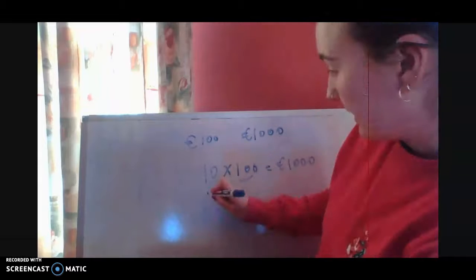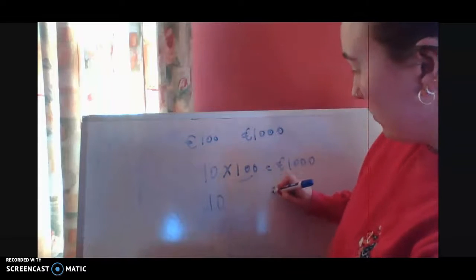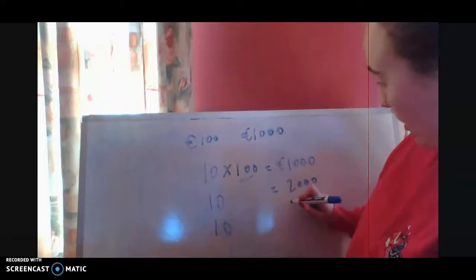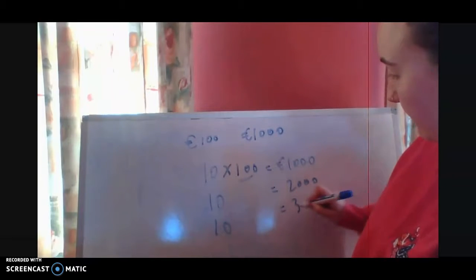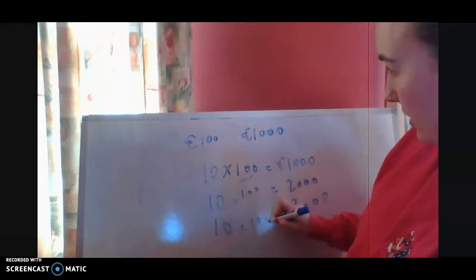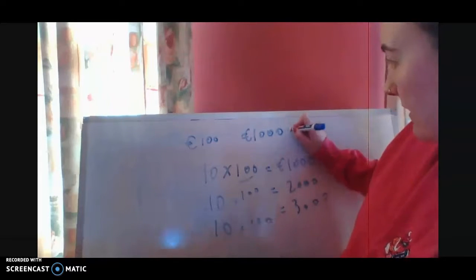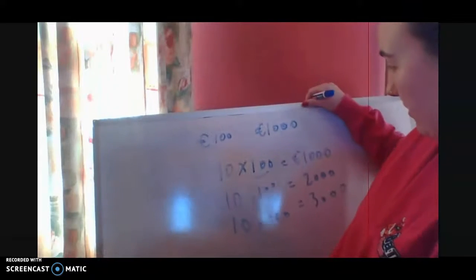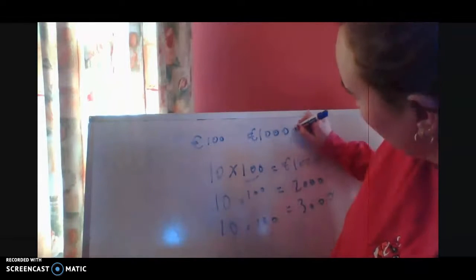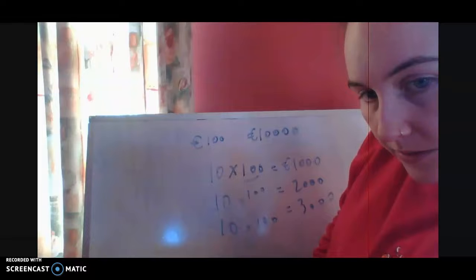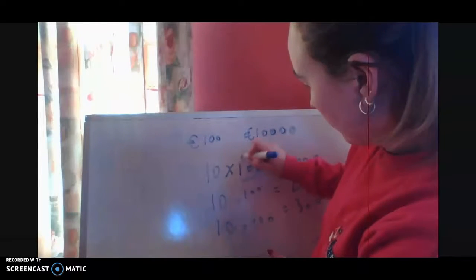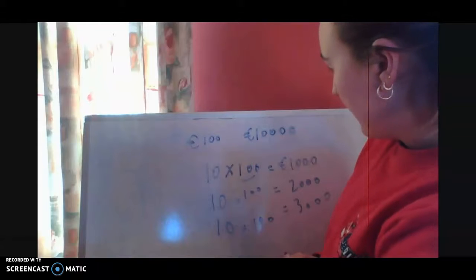So if 10 make 1,000, another 10 would make 2,000, another 10 would make 3,000, and you can keep going like that until you get to 10,000. Should be another 0 there that you can't see. Okay, so you're going to see how many 100s get you up to 10,000.